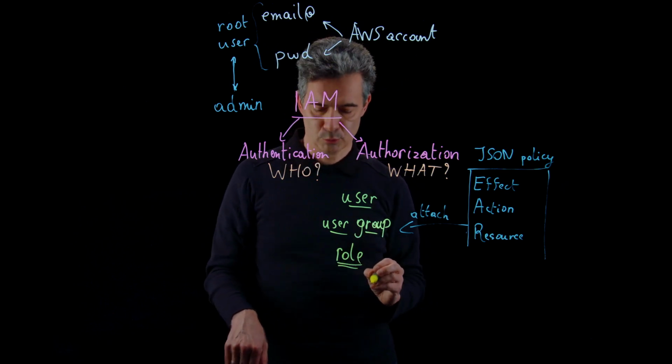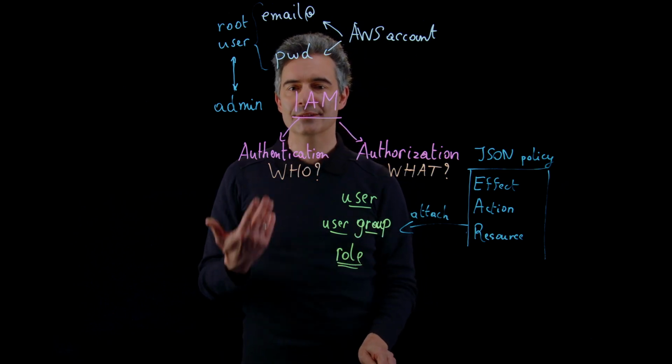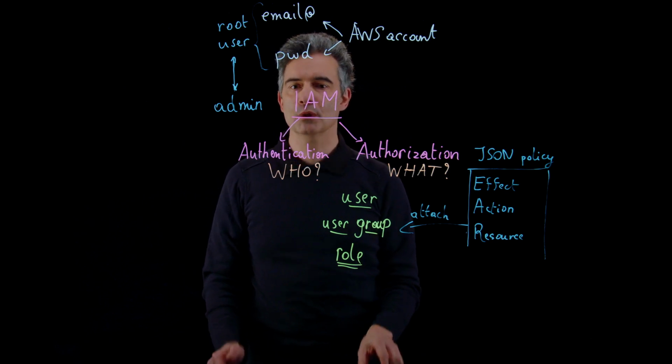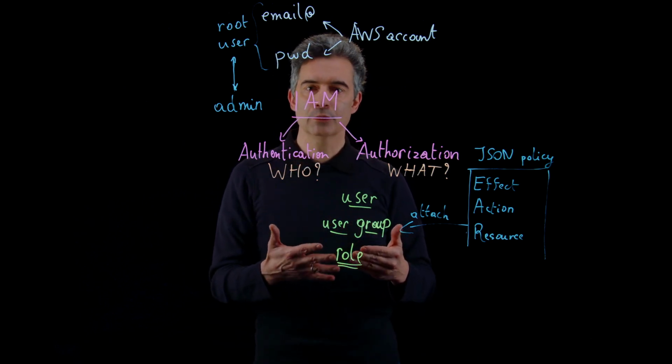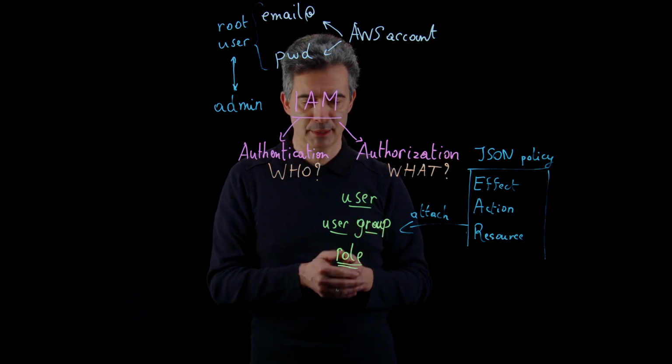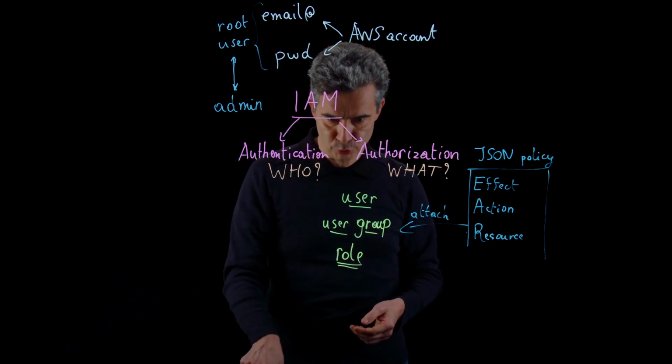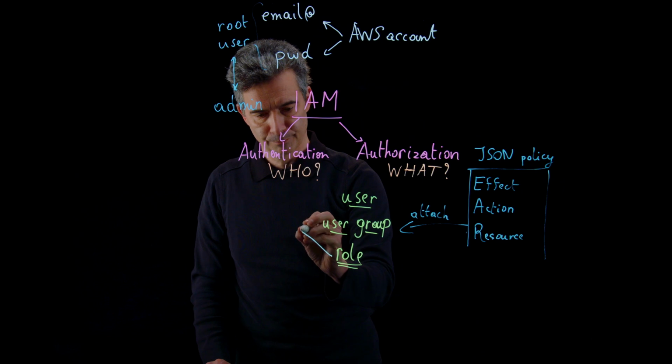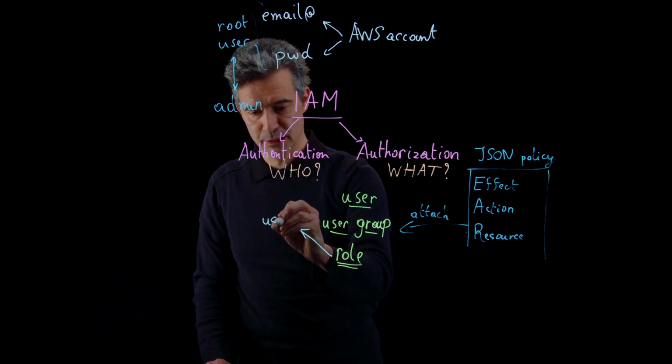Role is a really interesting one because the role represents temporary permissions. When someone assumes a role, they do not get all these permissions permanently, they get them on a temporary basis. Now, who can use those roles? The same users as before.